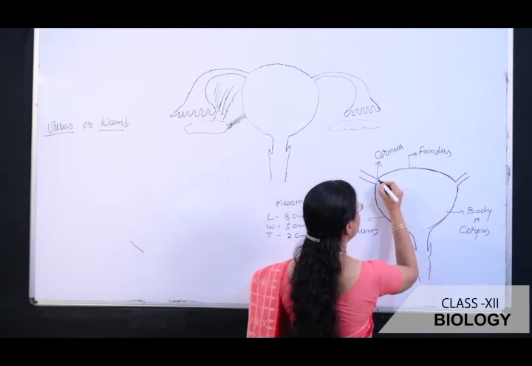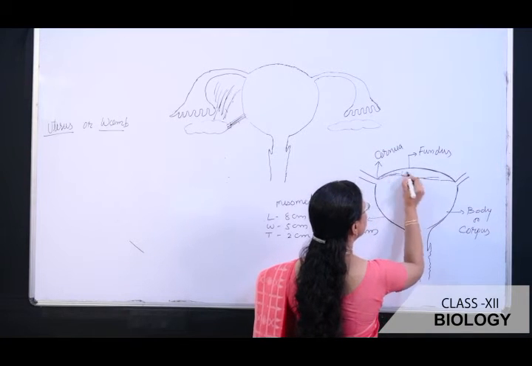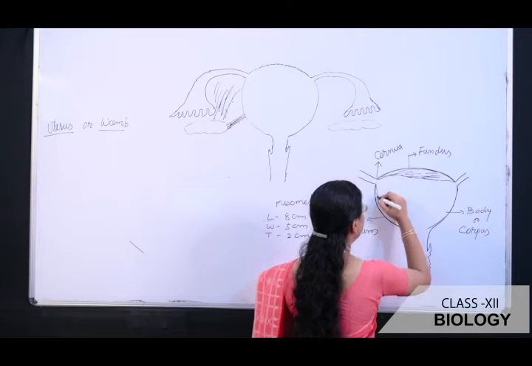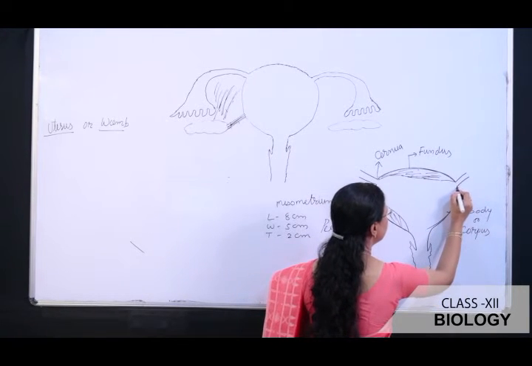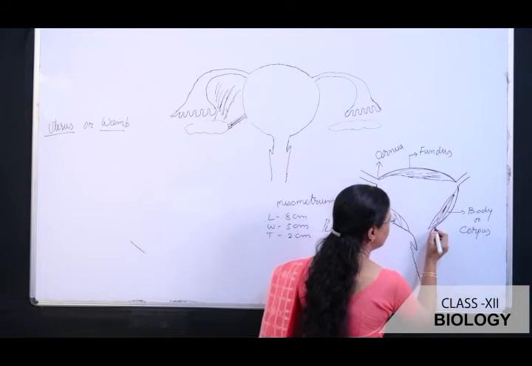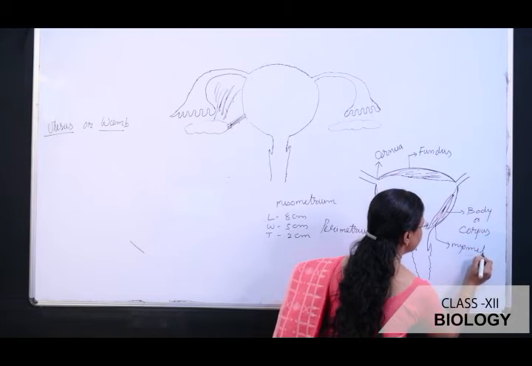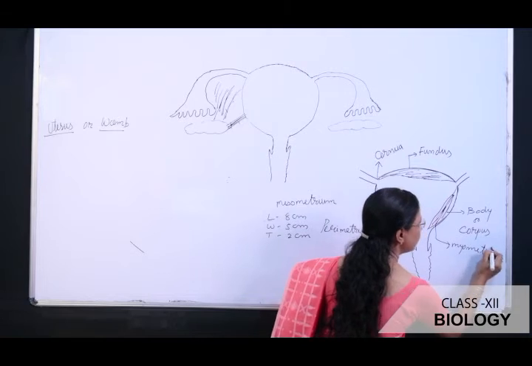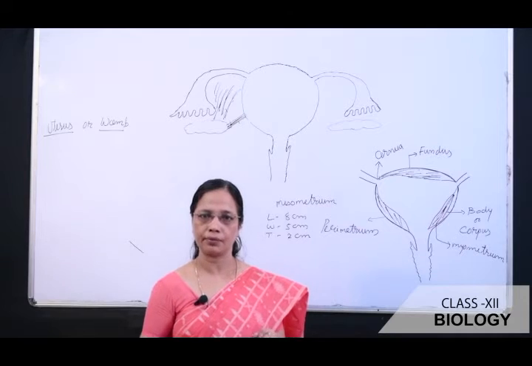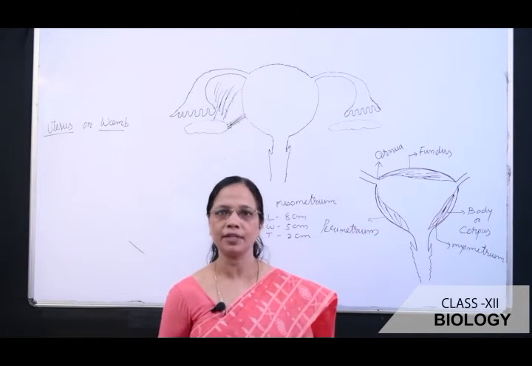Inner to this perimetrium, you can see smooth connective tissue. That is called the myometrium. What is the function of myometrium? It helps in the contraction of the uterus during the expulsion of the fetus.